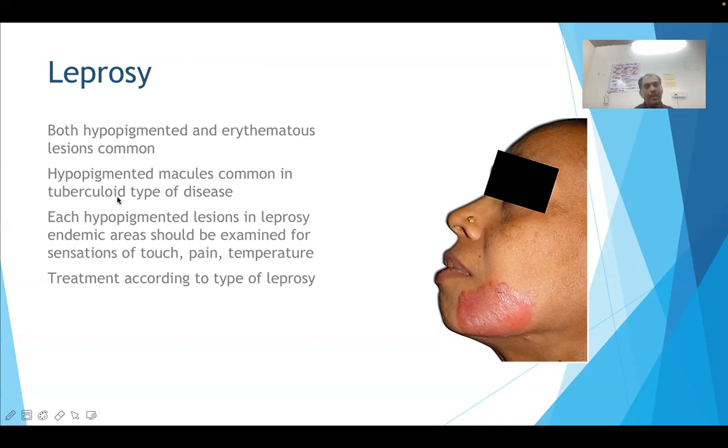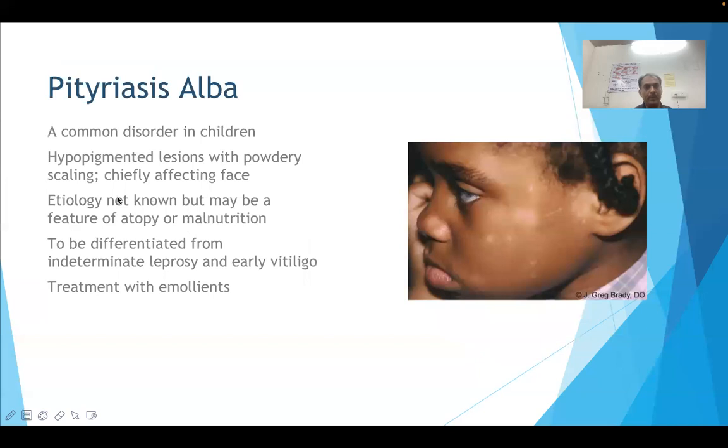The hypopigmented lesions in leprosy should be examined for sensation of touch, pain, and temperature. And the treatment rests upon multi-drug therapy or paucibacillary therapy depending upon which spectrum of the disease is involved. Pityriasis alba is an endogenous eczema occurring mainly in children, usually atopics with dry skin, and manifests as ill-defined hypopigmented macules with scaling mainly over the face, the arms, the abdomen, and the back.